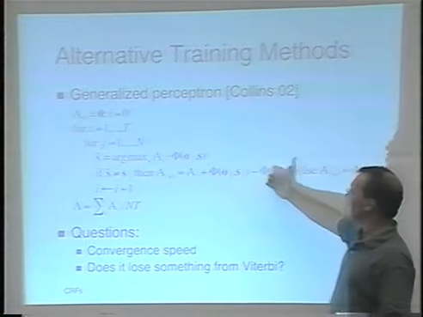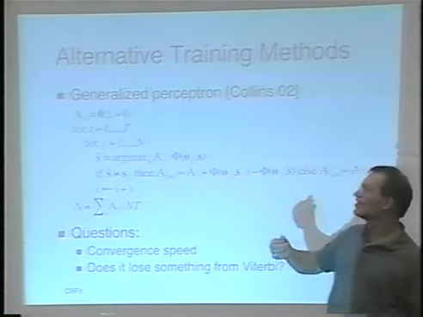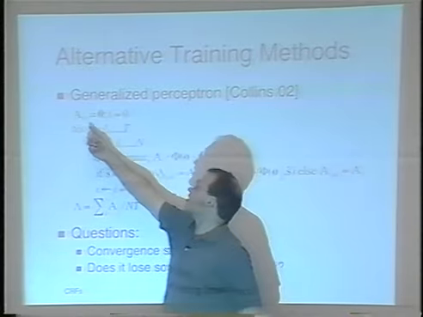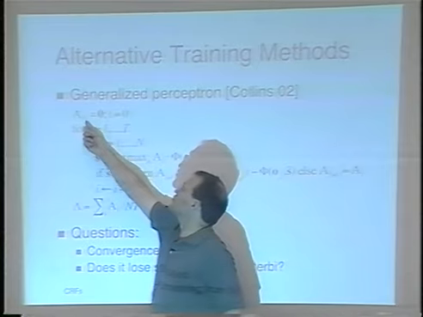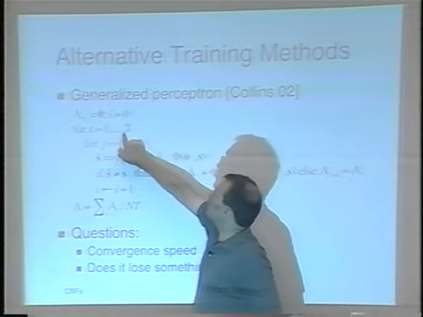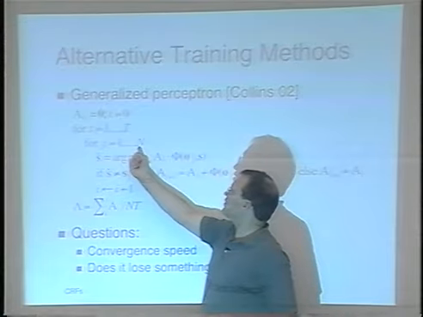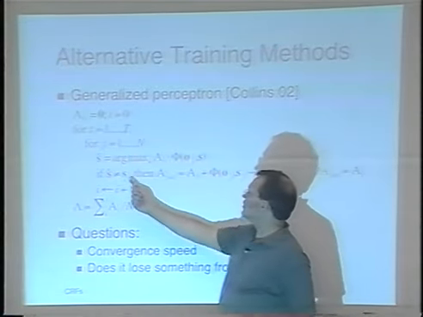In this algorithm it's nice because there are no complications of conjugate gradient and anything like that. A is a vector of weights, initially a zero vector. Then there are a number of iterations called epochs, in the jargon of the perceptron algorithm, and there are n training examples.